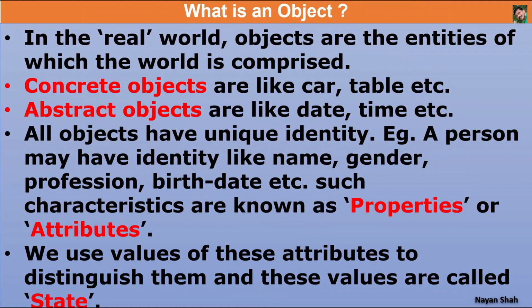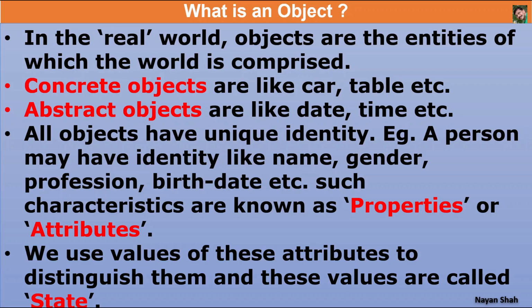Moving over to next topic, what is an object now? So in the real world, objects are the entities of which the world is comprised of. There are two types of object, concrete objects and abstract objects. Concrete objects are like car, table, etc., which we can see, we can touch, we can feel.